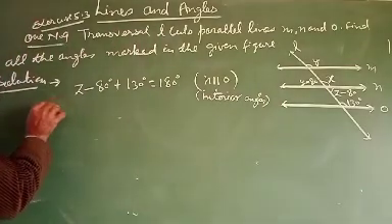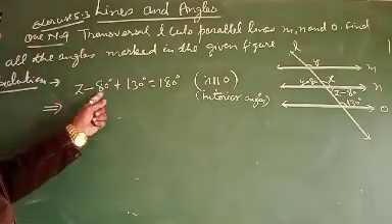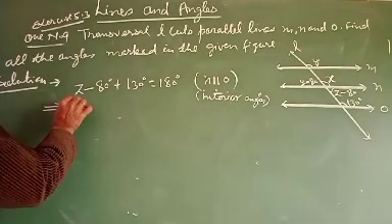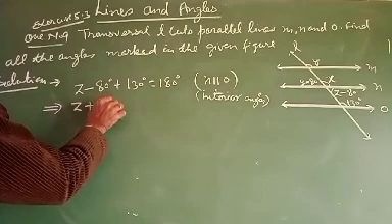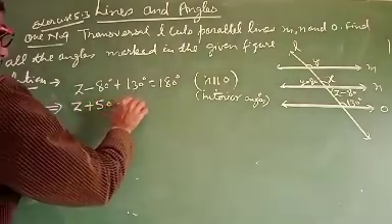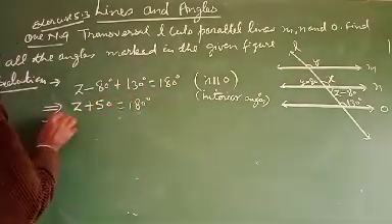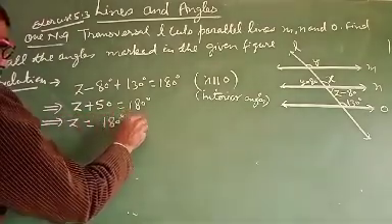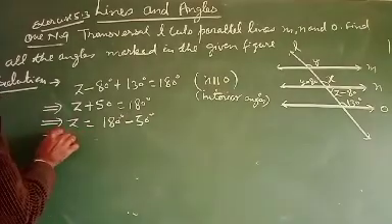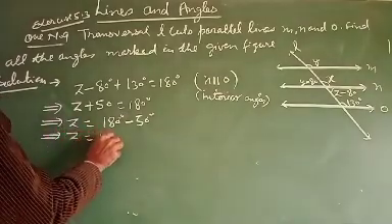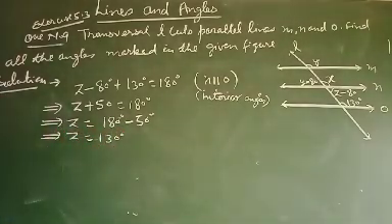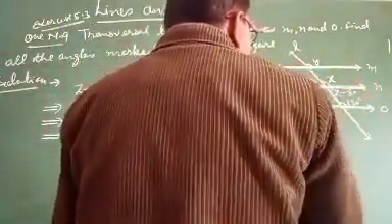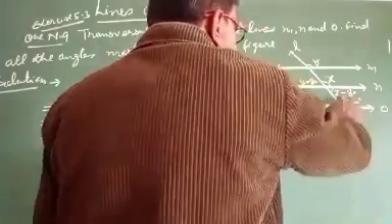Now we subtract 80 from 130, we get 50. Z plus 50 equal 180 degree. Therefore Z equal 180 degree minus 50 degree. Therefore Z equal 130 degree. Value of Z equal 130 degree.